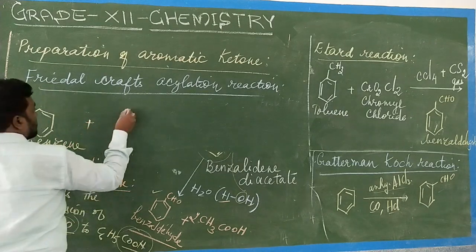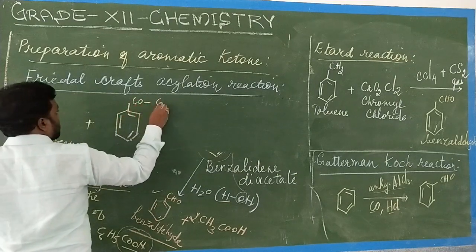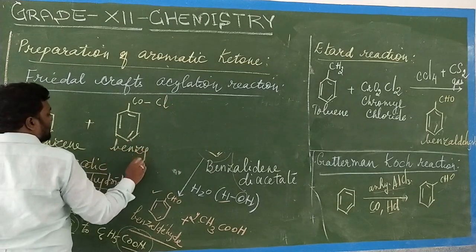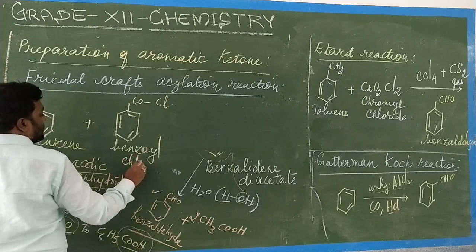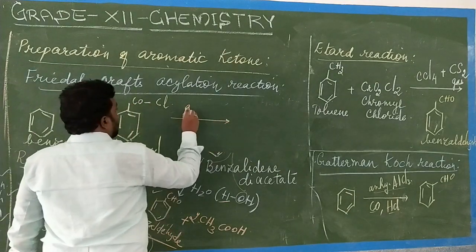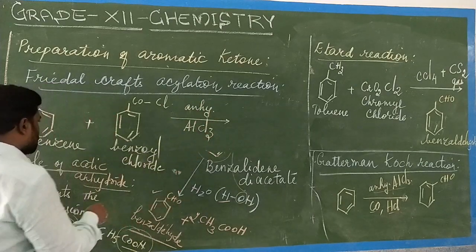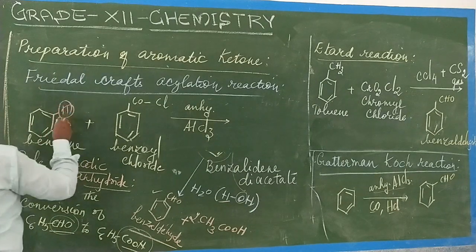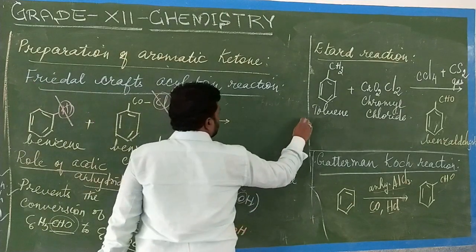on treatment with benzoyl chloride, the name of the compound is benzoyl chloride, in the presence of an electron pair acceptor, which is anhydrous aluminum chloride. Now what happens is that one hydrogen from here and this Cl get removed as hydrogen chloride.